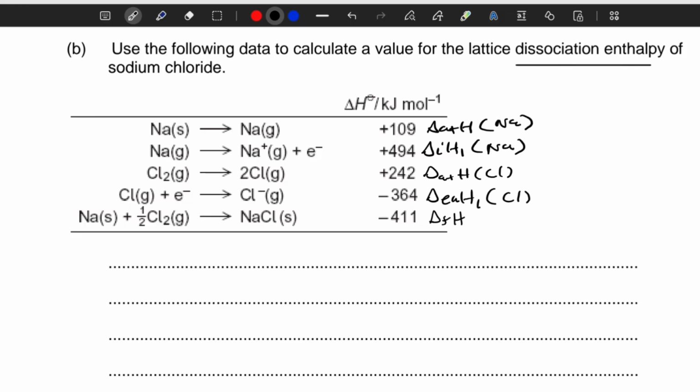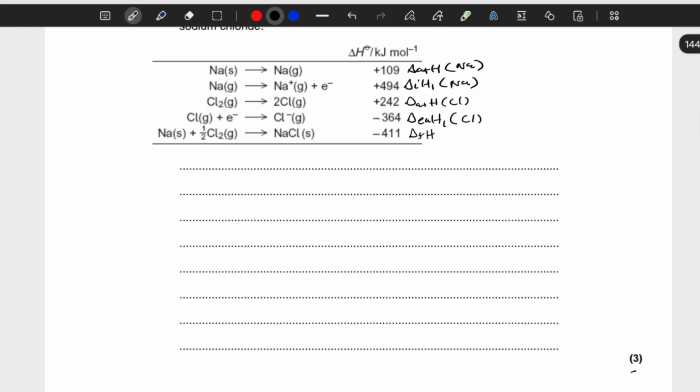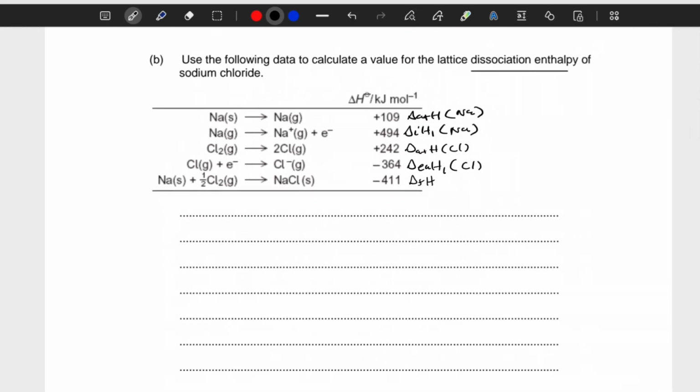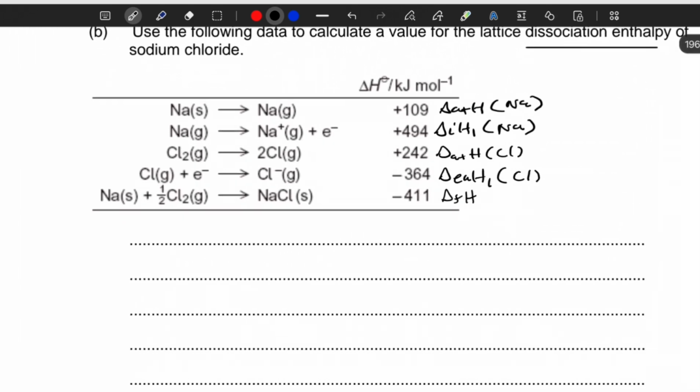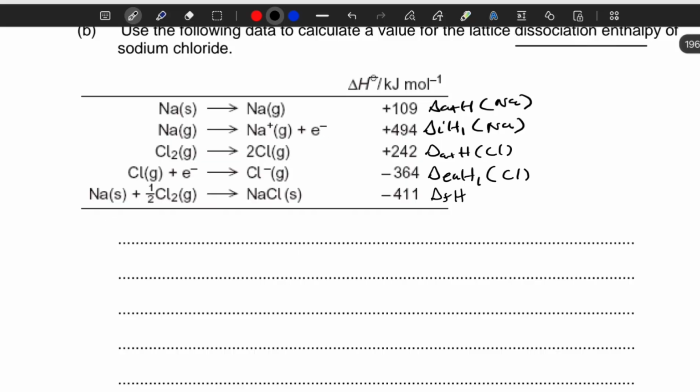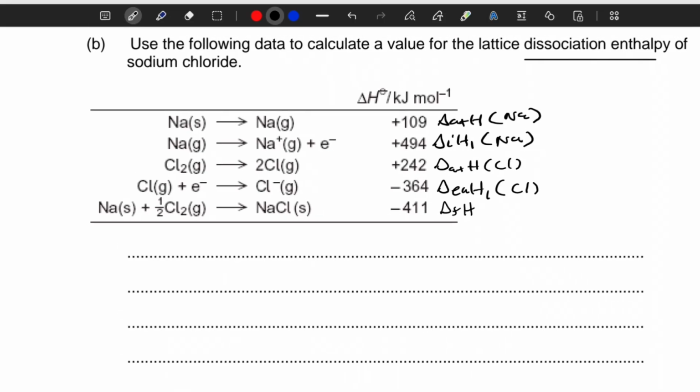Okay, so to calculate the lattice dissociation enthalpy, this is 3 marks, so you have to write a formula. So I would say write a formula for the lattice dissociation. If you know the formula for the enthalpy of formation, then you would know the lattice dissociation enthalpy formula.